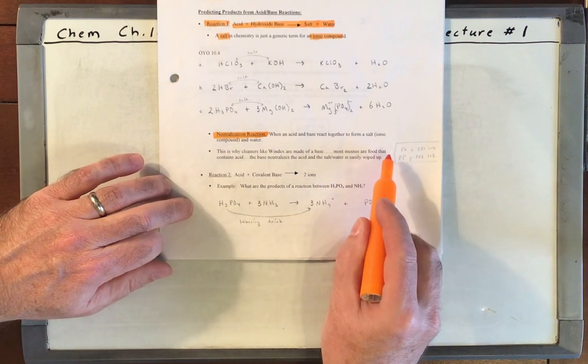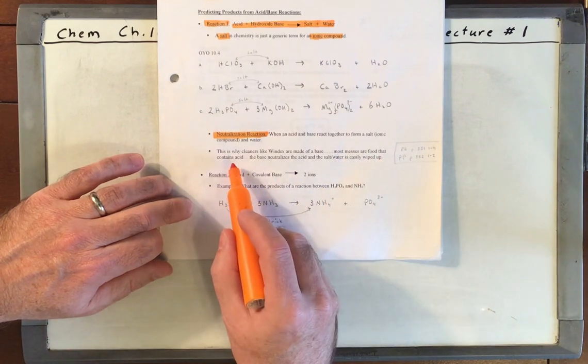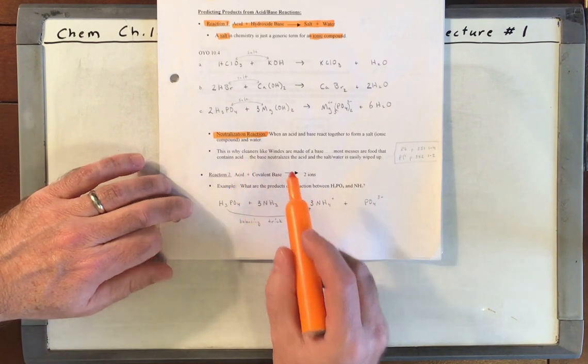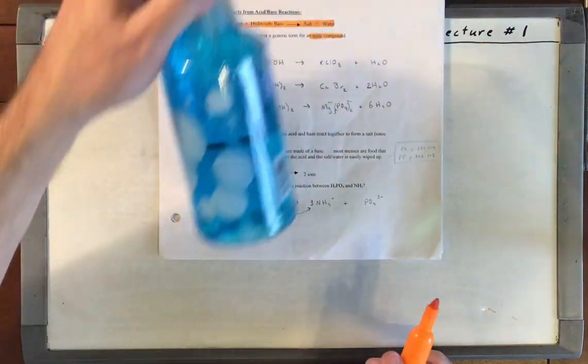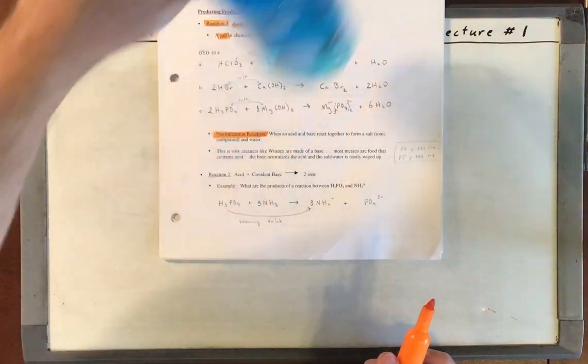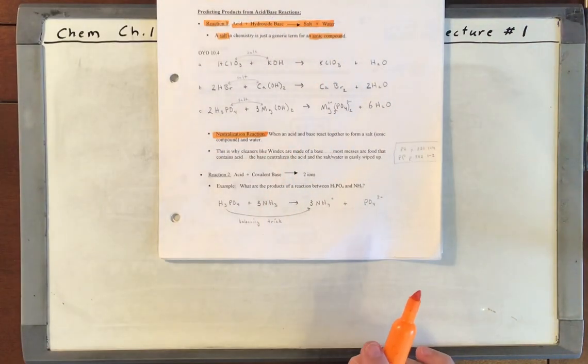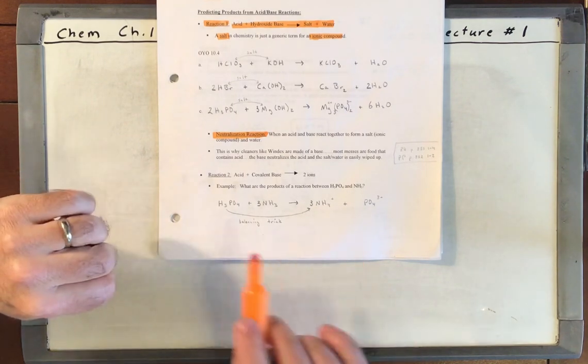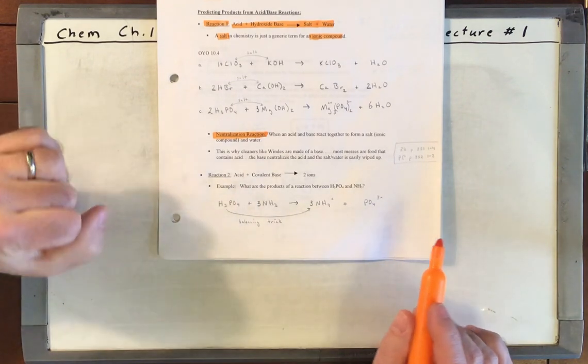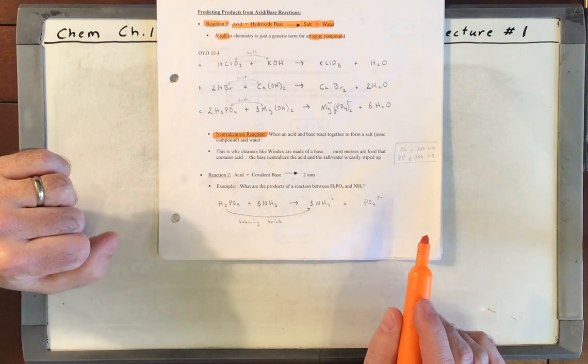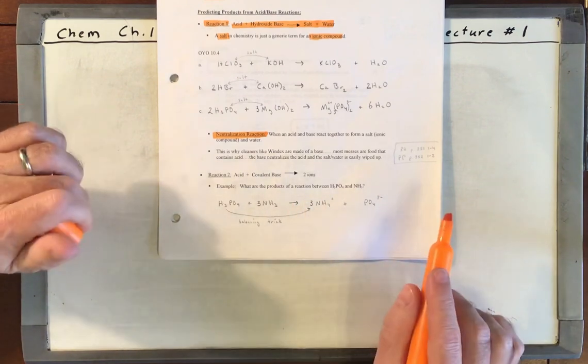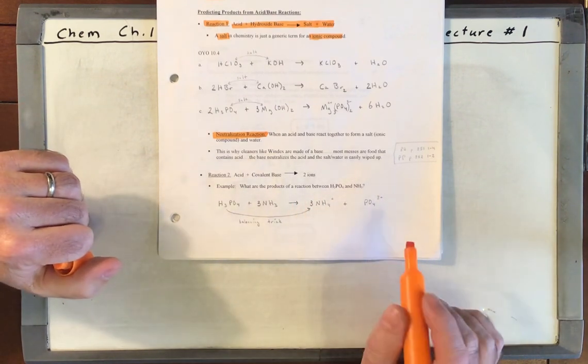And most messes are foods that contain acid. So all you do when you spray Windex on something, and I have a little bit right here, to clean this board, all that you are doing is a neutralization reaction if you're cleaning up food off of a table or something like that. And it makes salt plus water, which is easy to be wiped up.